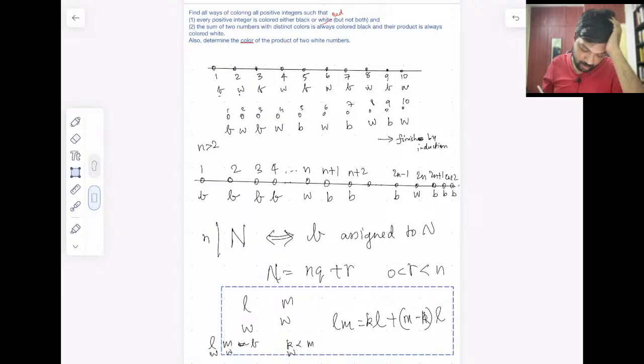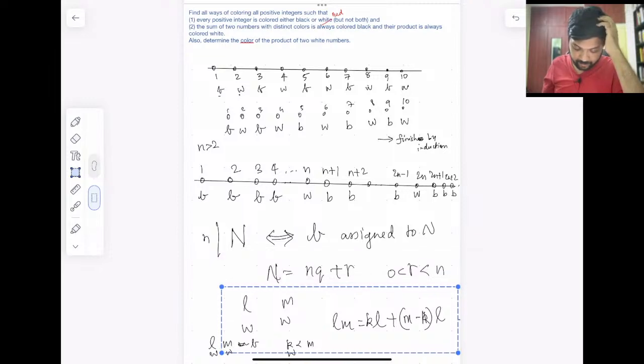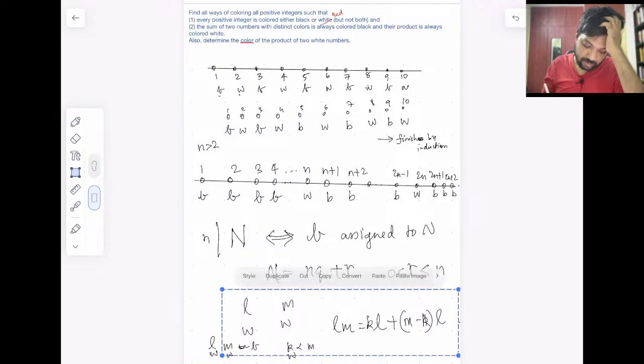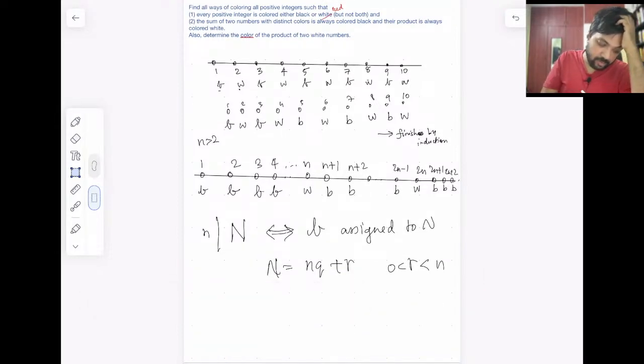Can we argue? Oh, but we don't know which ones are assigned white. Yeah, I think we should do some kind of induction. So we do the following.